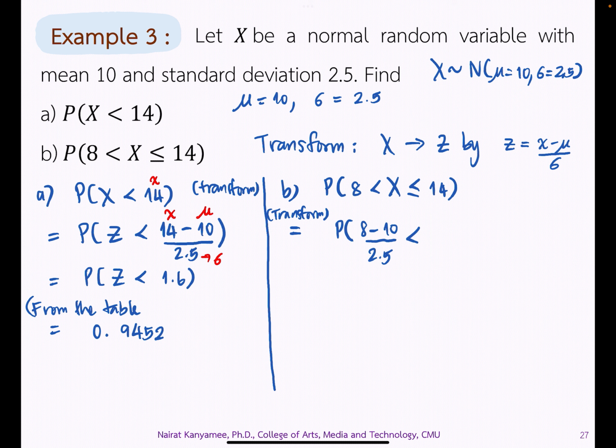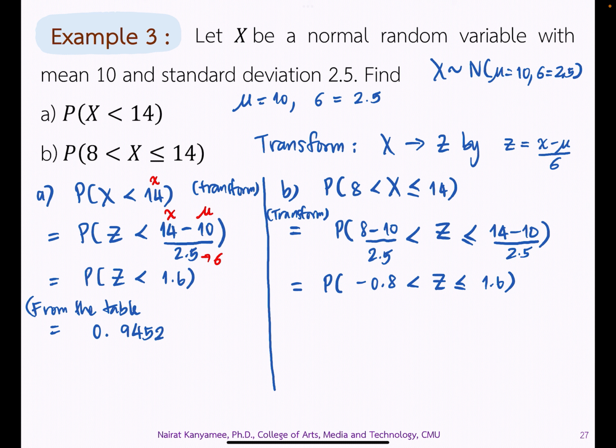If you standardize it, then the variable has to change from X to Z. So 14 minus 10 over 2.5, which means we are looking for P of minus 0.8 less than Z less than or equal to 1.6 again.